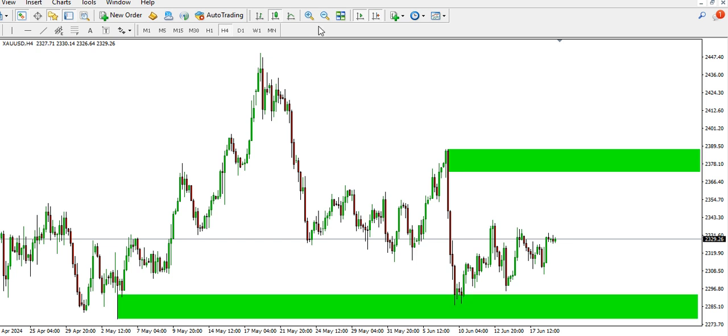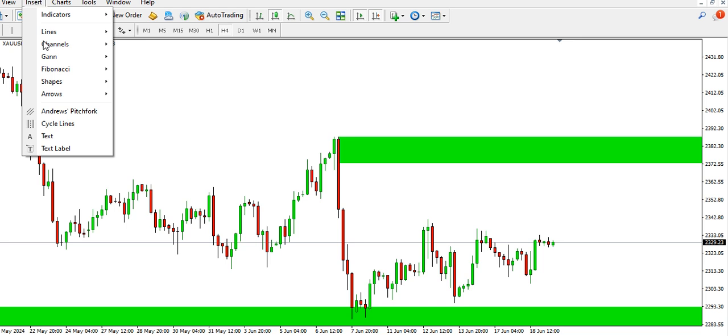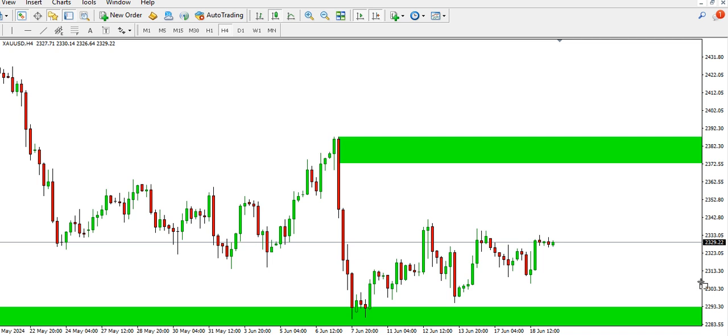But before that, the 2280 floor, there is also another closer floor around here. Sellers might want to consider this particular level.